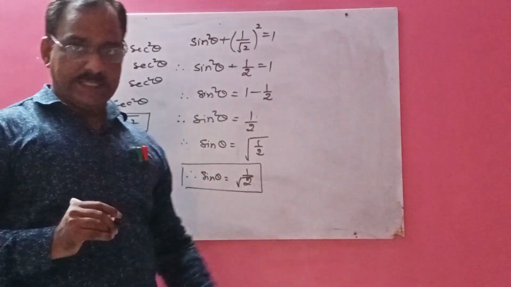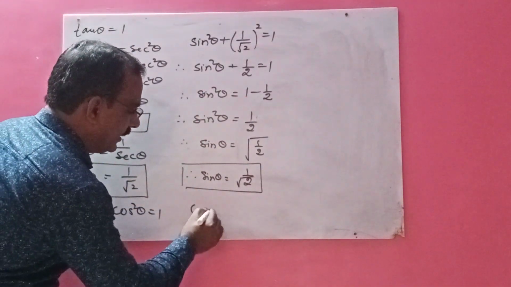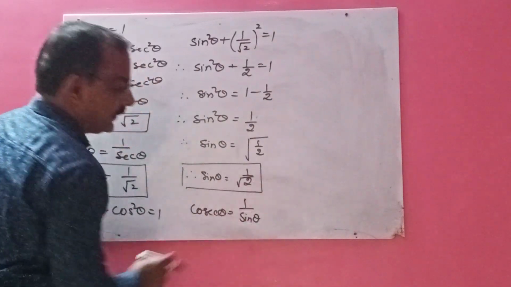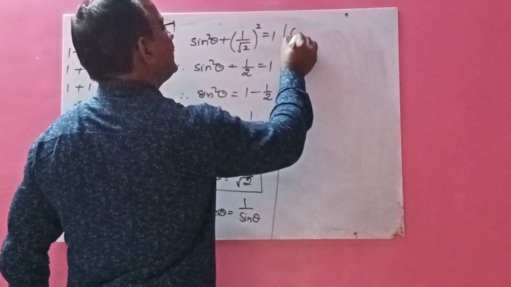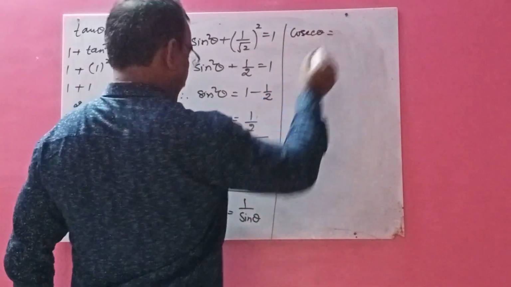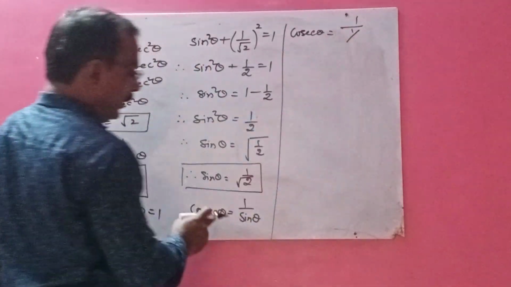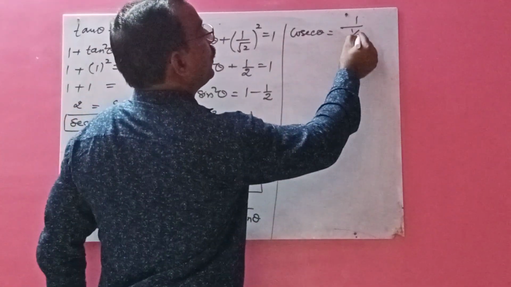Now you need cosec theta. You know the reciprocal of sine. Cosec theta is equal to 1 upon sine theta. Substitute here. So cosec theta is 1 upon sine theta, and sine theta is 1 upon root 2. So it is 1 upon 1 upon root 2.